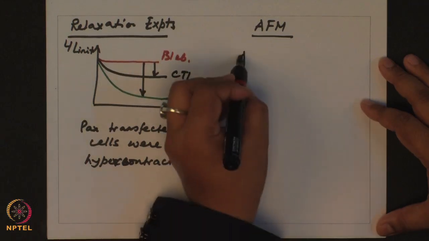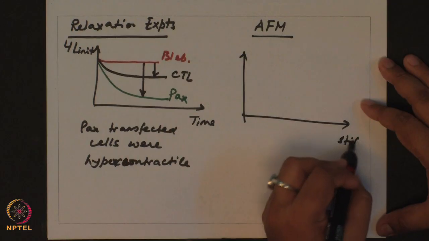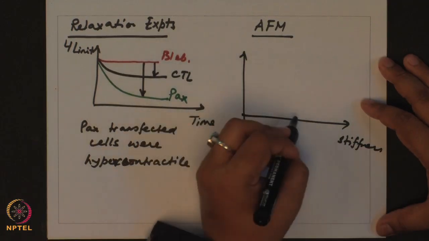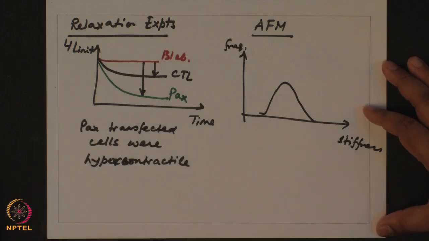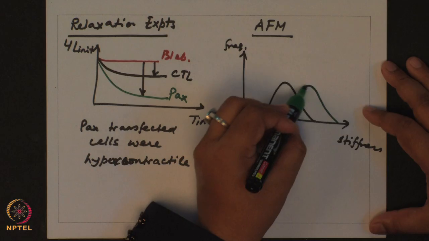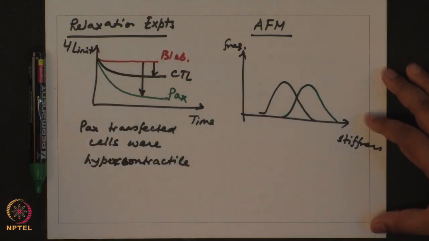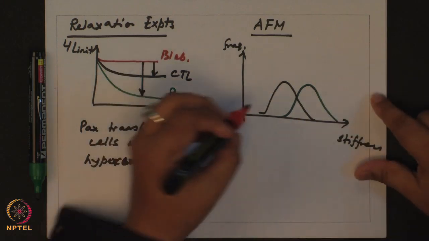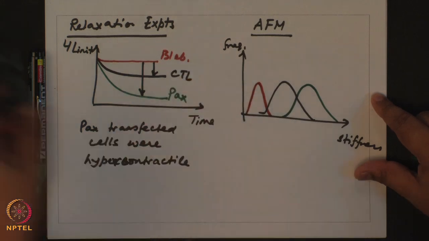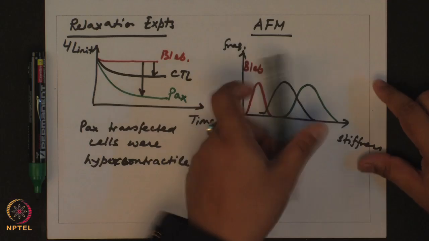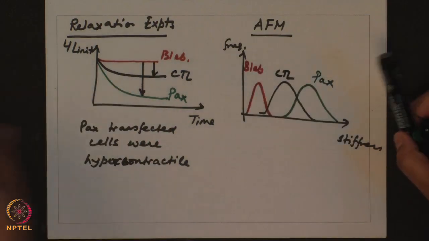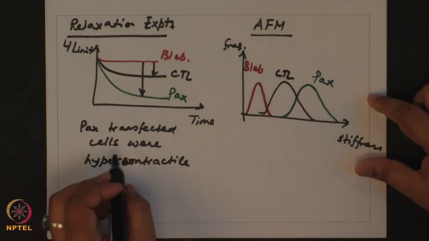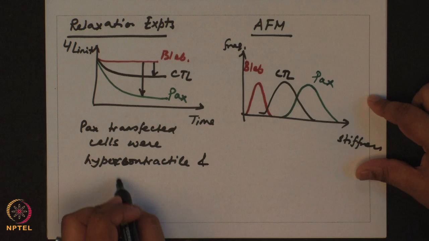And what was observed was, so if you tracked the stiffness, if this is the distribution you get for control cells, when you overexpress paxillin, the curve shifted to the right, means cells became stiffer, and this is with bleb, this is control, and this is with paxillin overexpressed cells. So, this suggests that paxillin transfected cells were hypercontractile and stiffer.